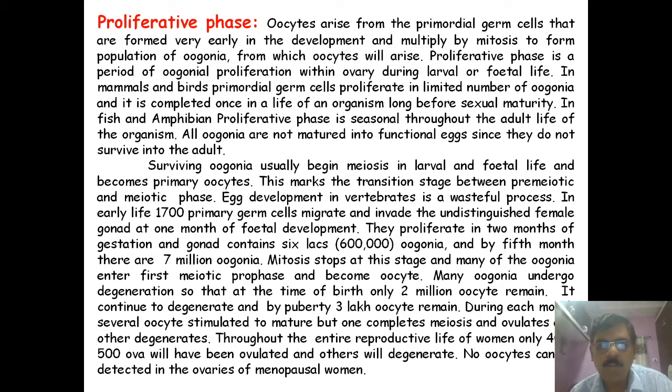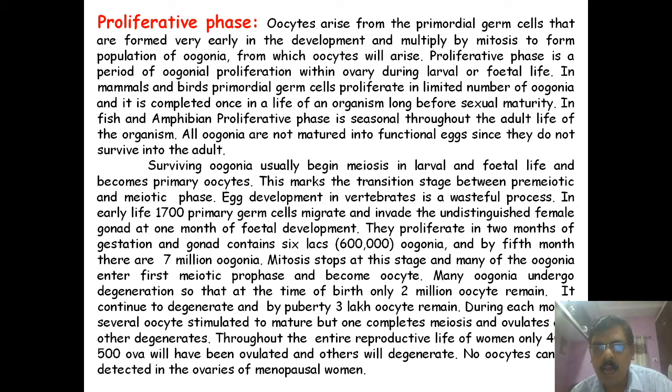In mammals and birds, the primordial germ cells proliferate into a limited number of oogonia, and it is completed once in the life of an organism, long before sexual maturity. In fish and amphibians, the proliferative phase is seasonal throughout the adult life of the organism.